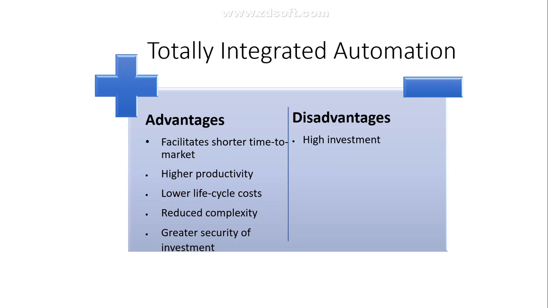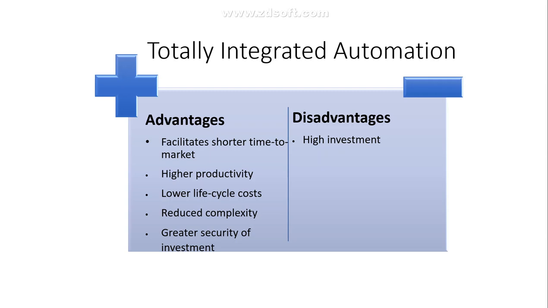High productivity, yes. It is a completely integrated automation system which allows you to automate all the aspects of all the areas of your business organization, so it gives you an additional advantage in terms of productivity. Lower life cycle costs: it reduces the life cycle of production, which helps us produce at lower cost per unit.